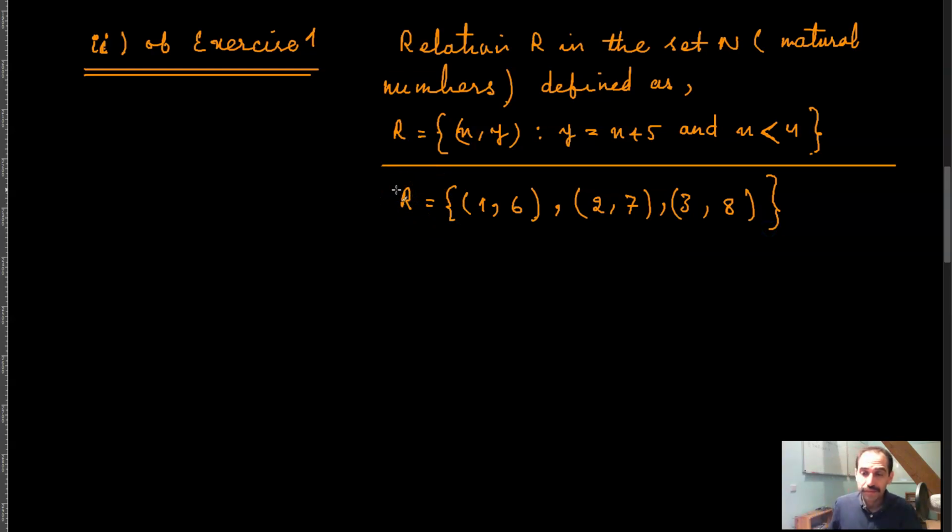Now, R contains only 3 ordered pairs, and these are the 3 ordered pairs that R contains, right? 1, 6, 2, 7, 3, 8.